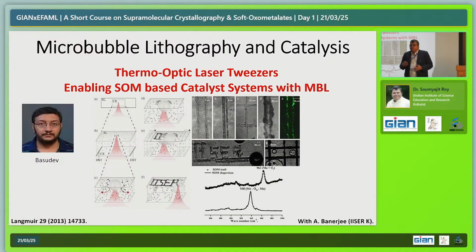So when you have this heated bubble, you see a current of SOMs around the bubble. This is because of, as I mentioned earlier, the surface tension gradient. Now when you have this surface tension gradient, the SOM units come from the heated part to the cooler part.